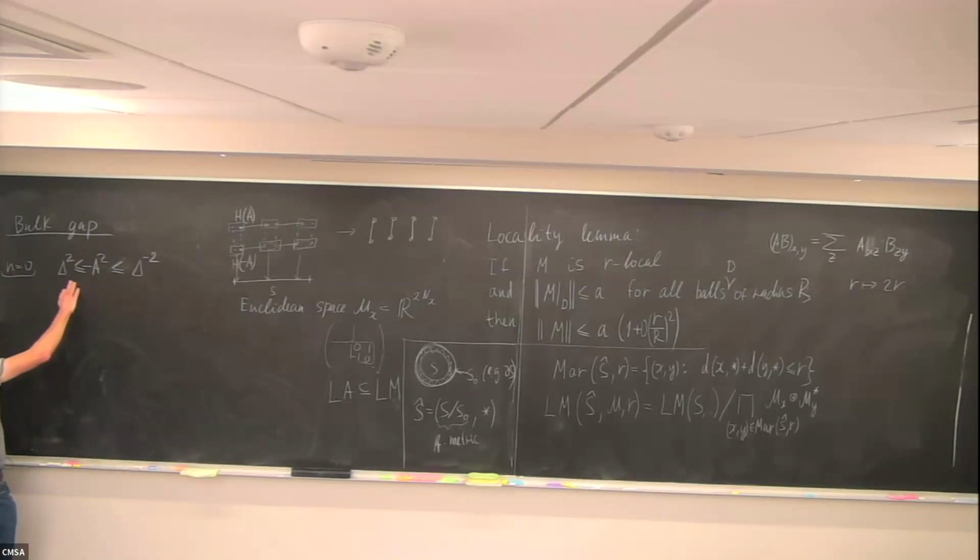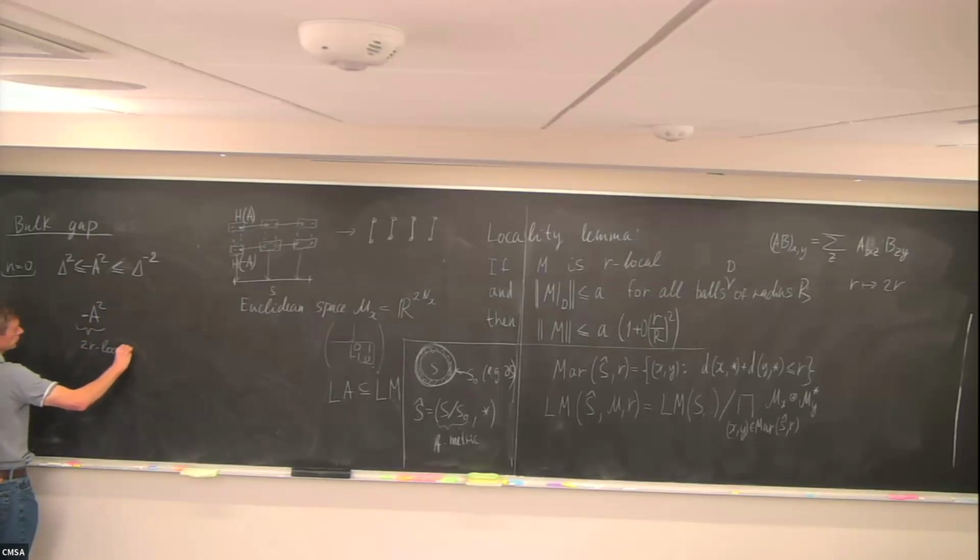Now, let's extend this definition to local matrices. Say that A minus A squared, which is a 2R local, satisfies a similar condition, but before writing the inequality, we need to restrict it to a smaller region.